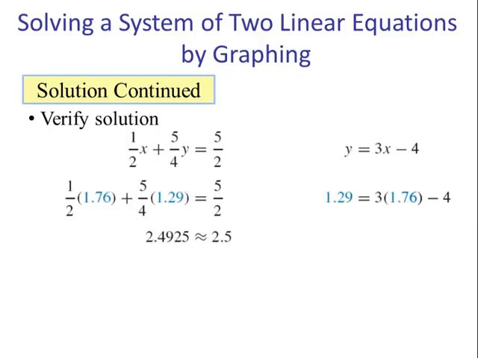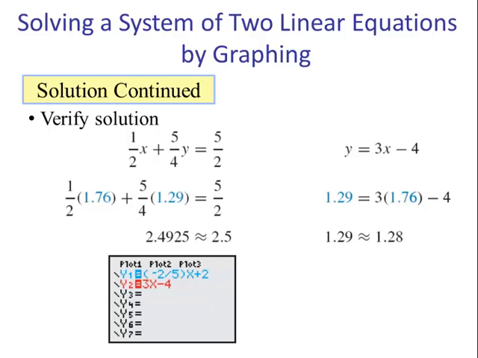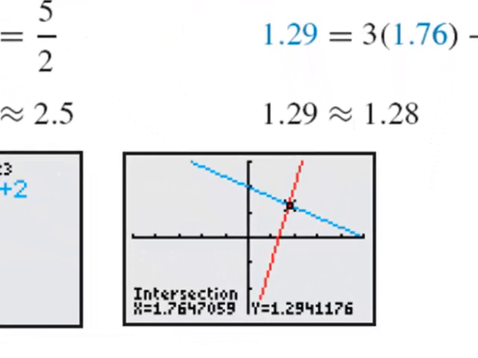For the second equation, again, we see that these are pretty close, so we have verified our answer. So again, if we need this to be more precise, we can use the graphing calculator. We put the expressions in the y equals, and we use the intersection feature, and we can take x and y to more decimal places if needed.